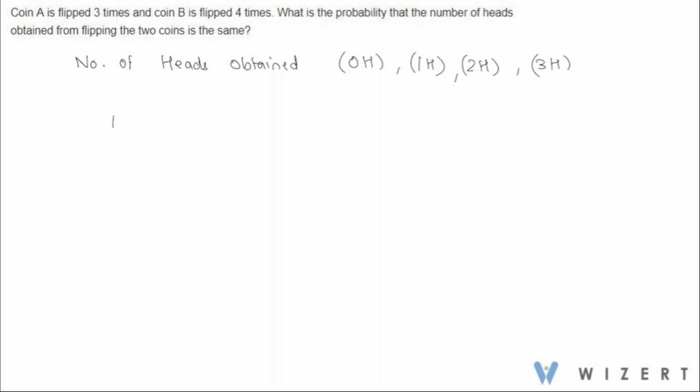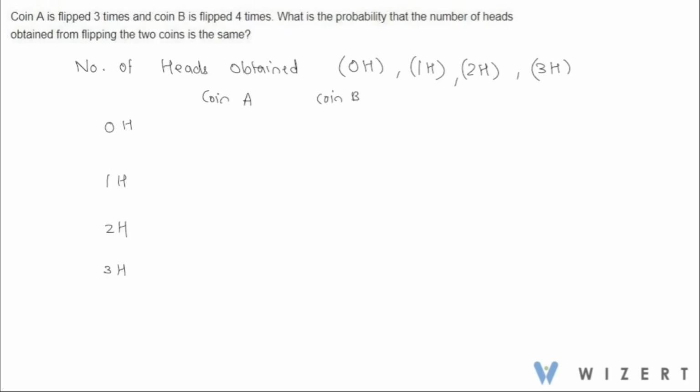Now let's see the possibility of 0 heads, 1 head, 2 heads and 3 heads for coin A and for coin B. It equals 3C0, where from 3 tosses or flips we need 0 heads, and the probability of head is half and the probability of tail is also half.